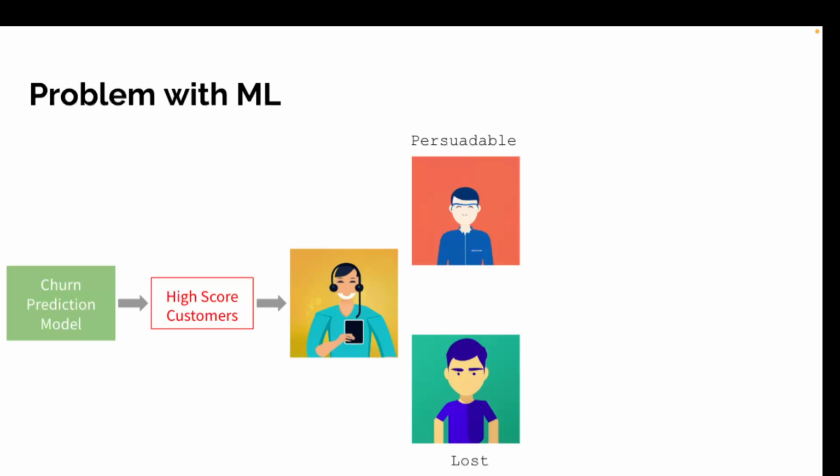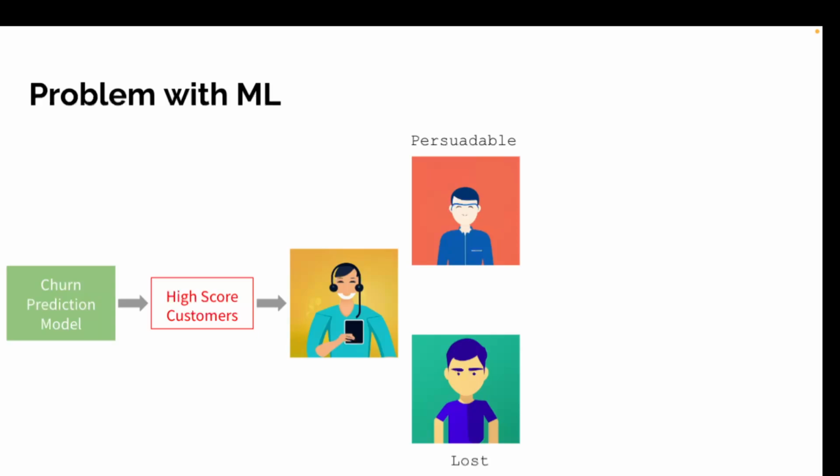So you use your traditional machine learning or statistical approach, whatever you prefer, and you collect your historical data, and you train your churn model. Once you have a model, it can calculate the probability of churn, or the likelihood that a customer is going to leave your company, right?